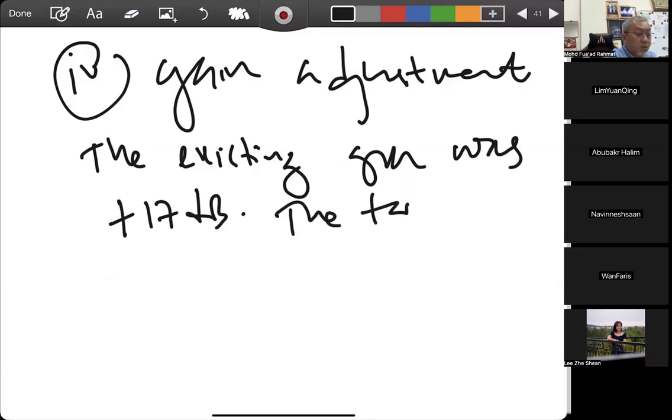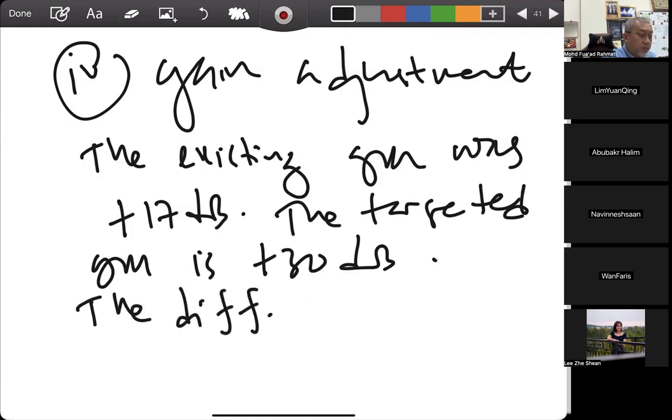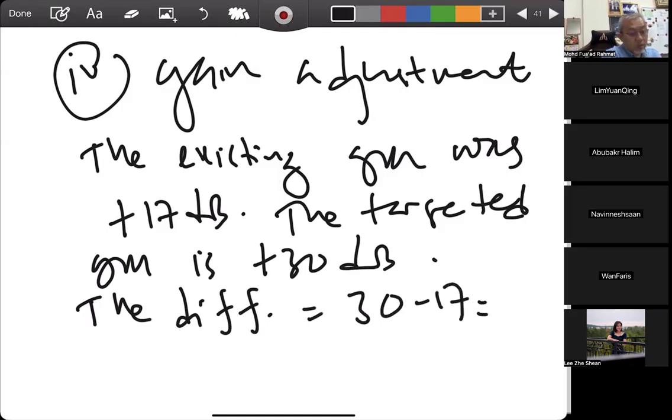The targeted gain margin is plus 30 decibel, correct? So the difference is 30 minus 17, how much? 13 decibel.